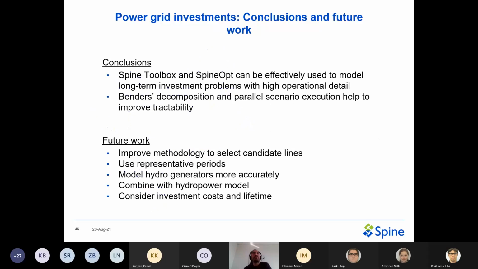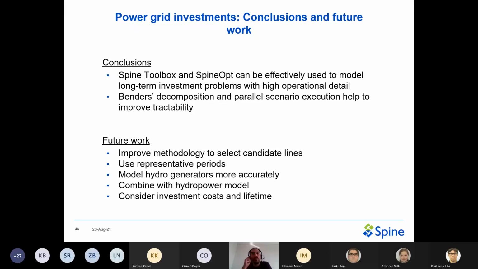So in conclusion, I can say that Spine Toolbox and SpineOpt can be used effectively for this kind of modeling. The Benders decomposition and the parallel scenario execution help in getting results in affordable time. I have some ideas for future work that I maybe was mentioning during the presentation.